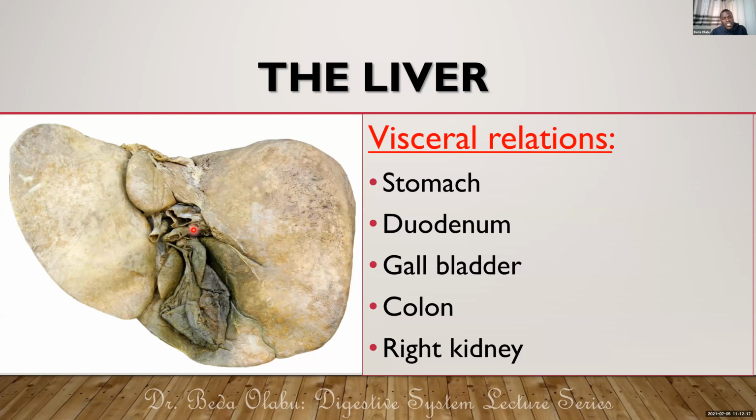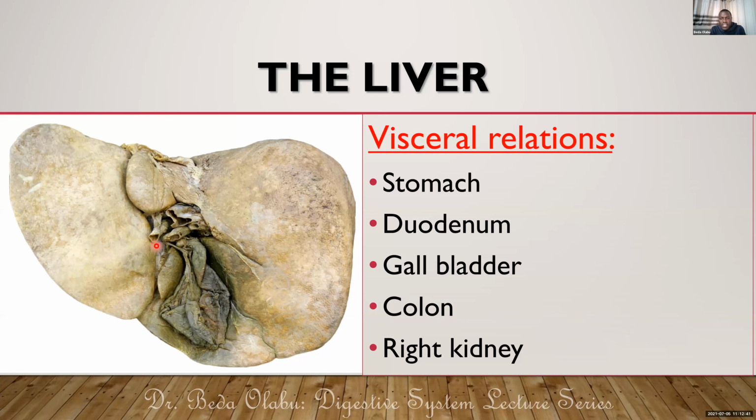So what are these 3 structures which go through the porta hepatis? We have the portal vein, we have the hepatic artery, and we have the bile duct. So bile duct, portal vein, and hepatic artery.